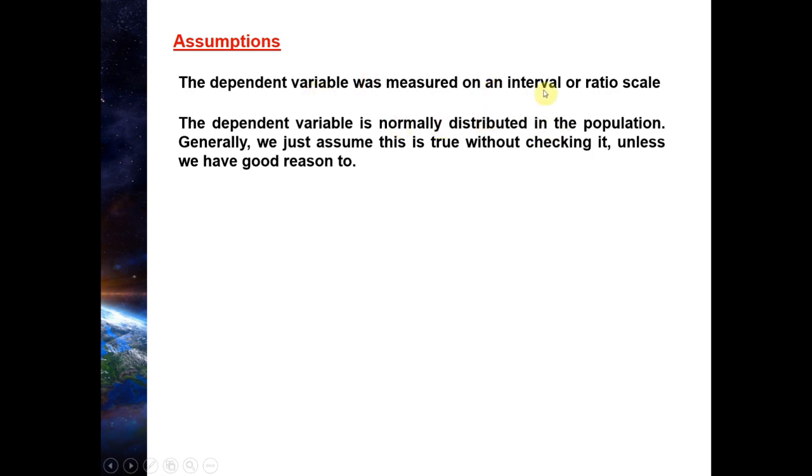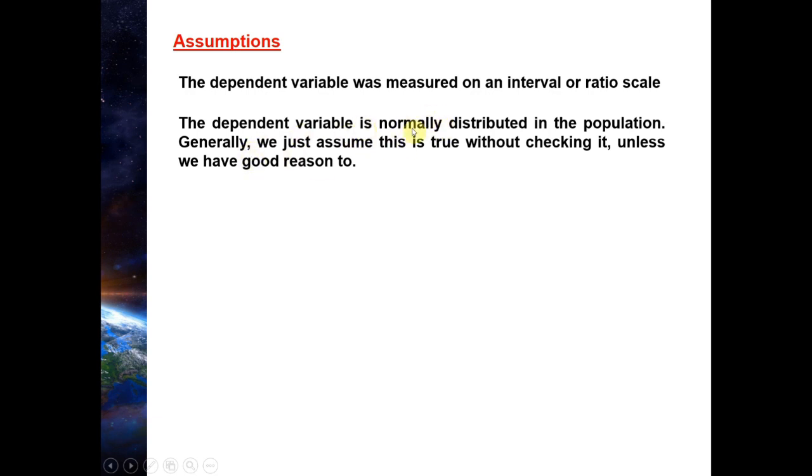Similarly, you can't just say the assumption is interval or ratio scale. You have to say the dependent variable was measured on an interval or ratio scale. So please remember to know these assumptions in their entirety.